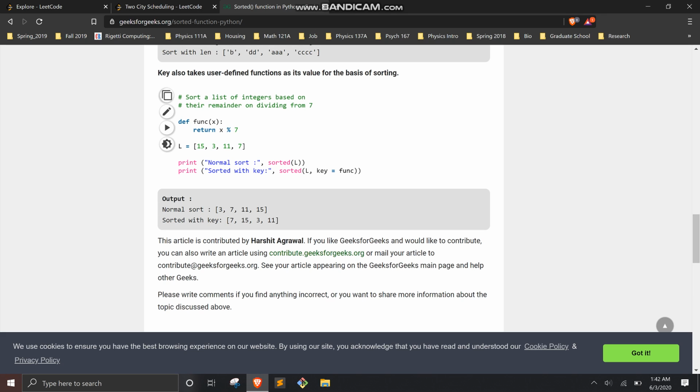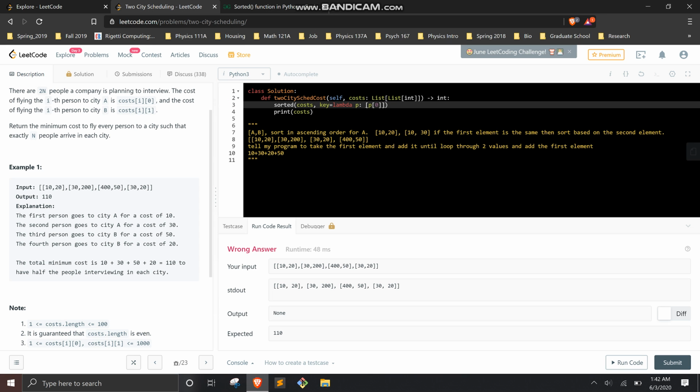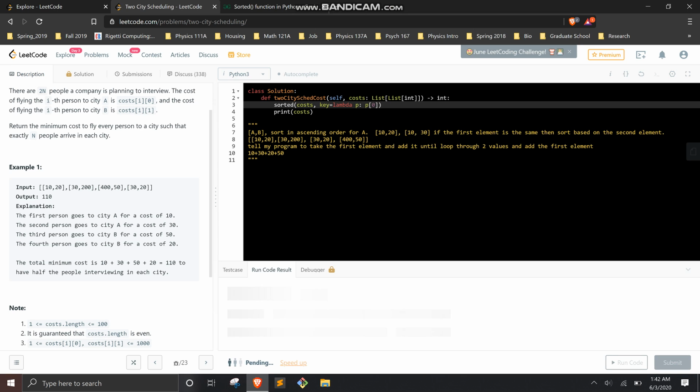So they're sorting with this key. So you return x modulo. But right now, what am I returning? I'm returning p0. So the function is p. So what's the input for the function? I think the input's going to be the elements and costs.